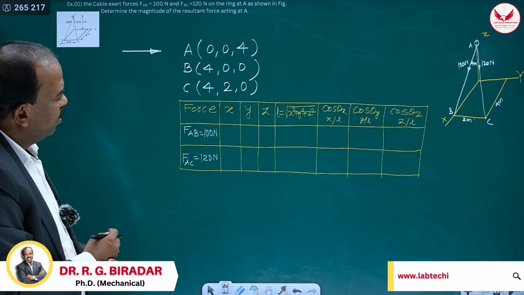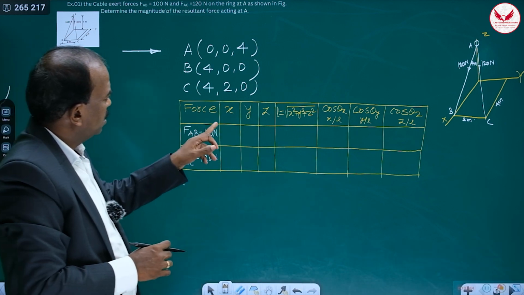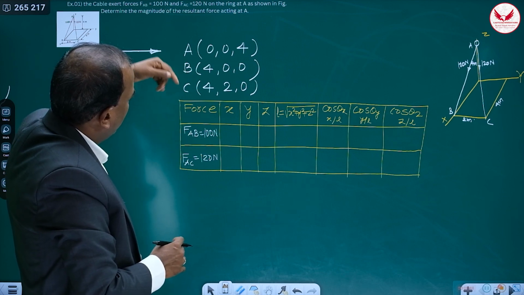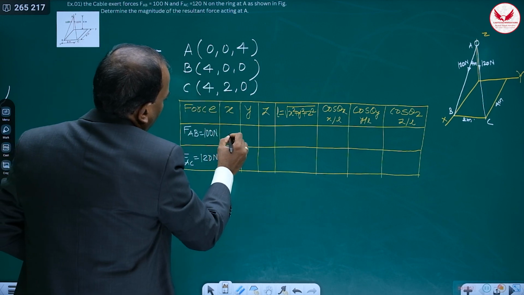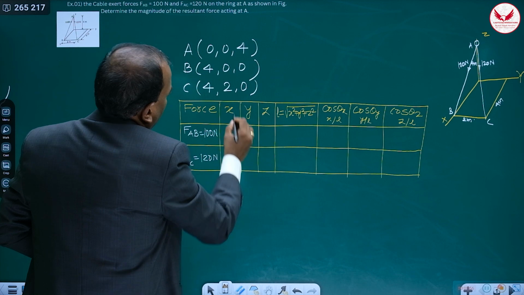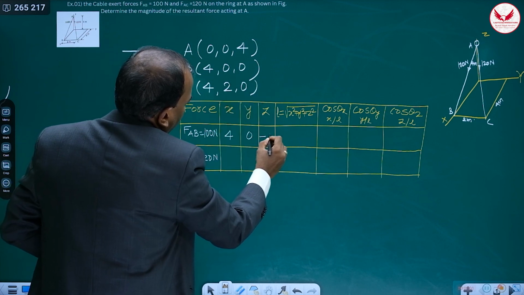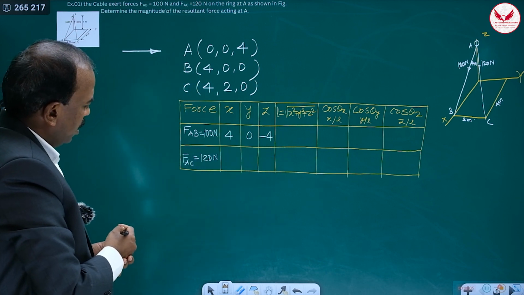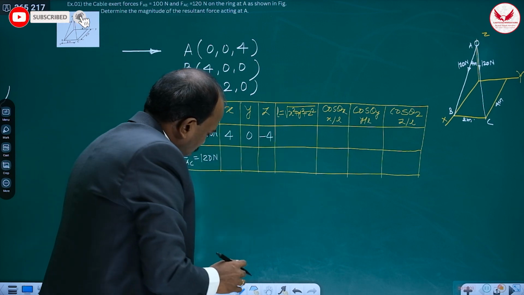Then afterwards, what we have to do? X, Y, Z. So X means x coordinate of B minus x coordinate of A, for the AB force. 4 minus 0, it is 4. Y is what? 0. And 0 minus 4, so it is minus 4. Correct. Then what will be the value of L?